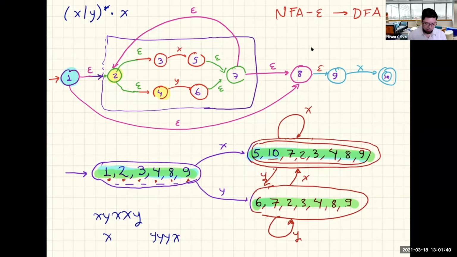So just to recap, last class, on Tuesday, we saw the algorithm for NFA to DFA. And today we have just learned how to convert an ENFA with epsilon transitions to a DFA.